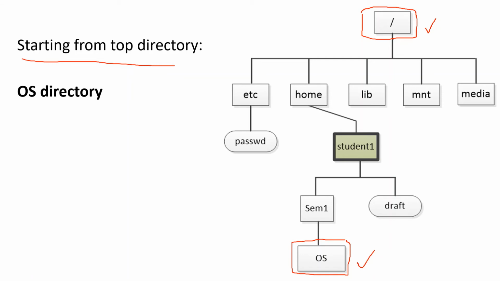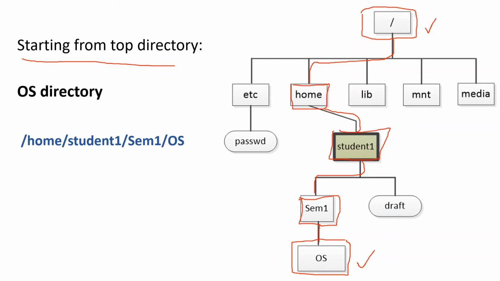Okay, so from root we go to home, and then student1, then sem1, finally we are in OS. So this is the path of the OS directory, which is written as /home/student1/sem1/os. So this is the first example of absolute path.